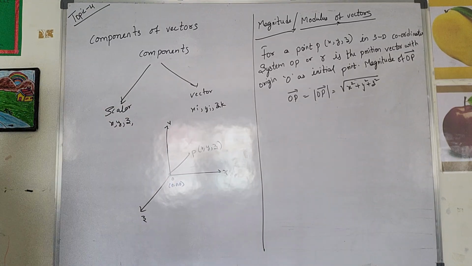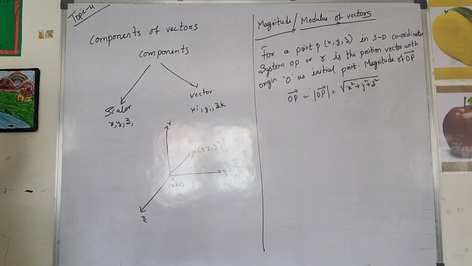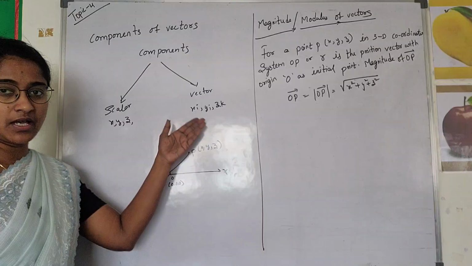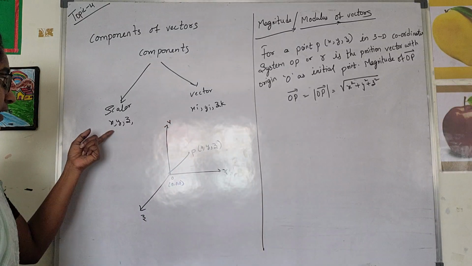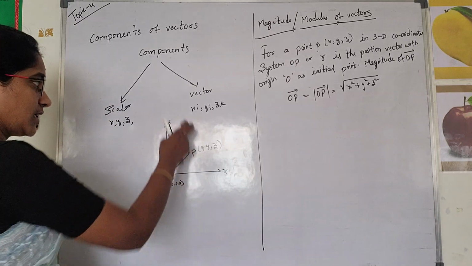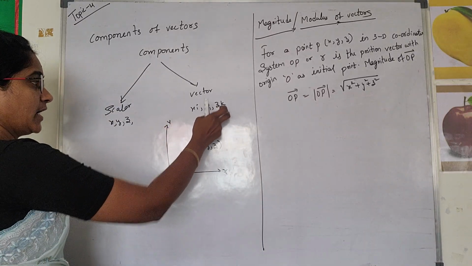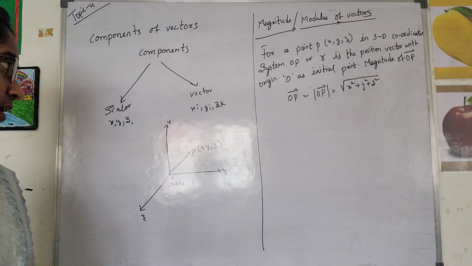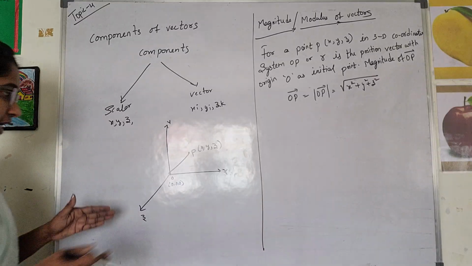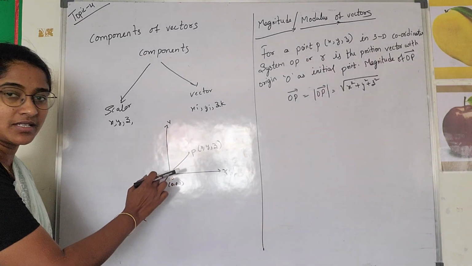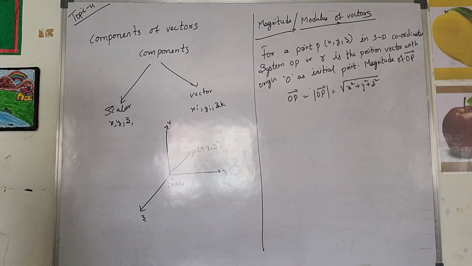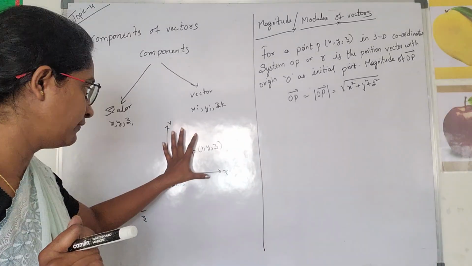Here we continue with the components of vectors. The components are scalars and vectors. Scalars are like x, y, z, constant numbers, and xi, yj, and zk are the vectors. I think you all know the x-axis and y-axis, and then the z-axis here. Generally we know the graph x and y.